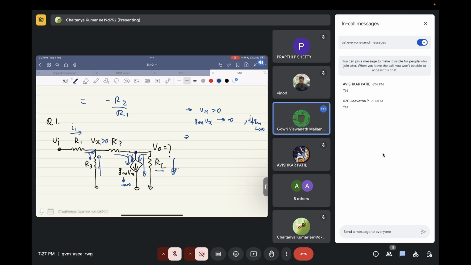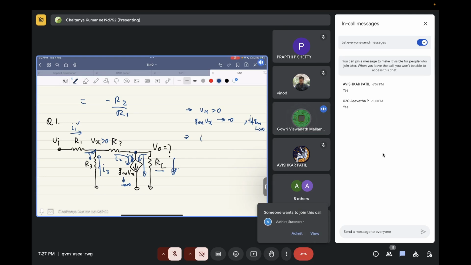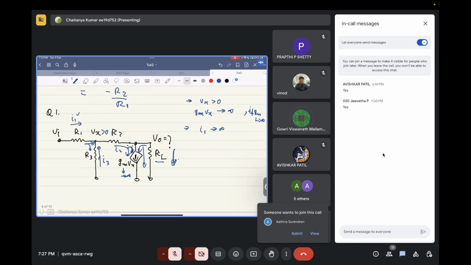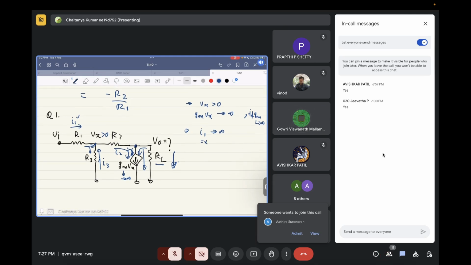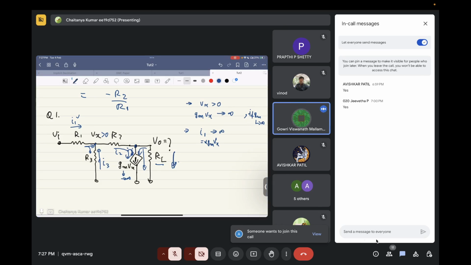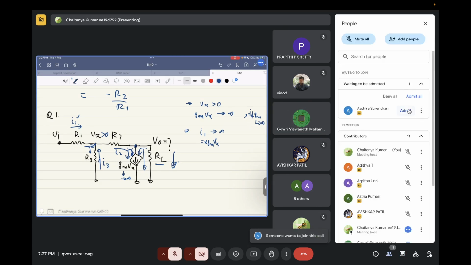All these will be some factor of Gm times Vx, so I1 will be some alpha times Gm Vx. So if Gm is tending to infinity, I1 will also tend to infinity, right?